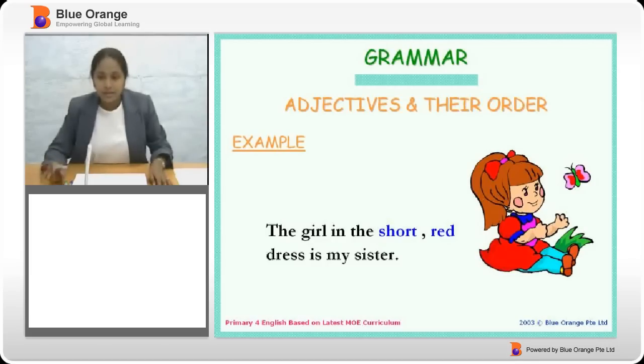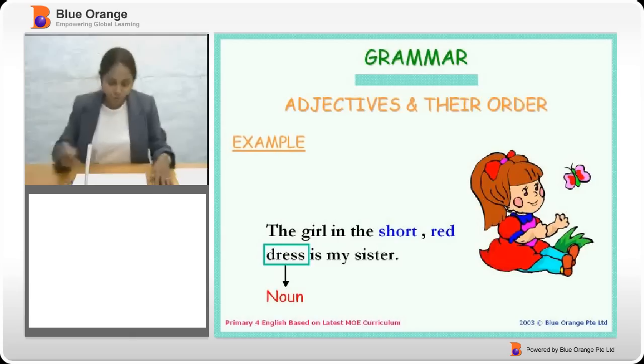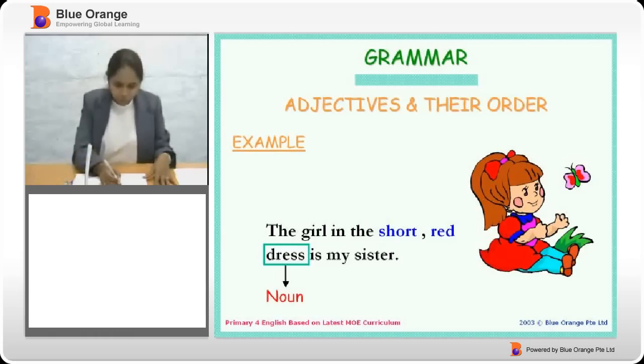Let's look at the same sentence again. The girl in the short red dress is my sister. Here we have the noun, which is dress again, and we have the adjectives short followed by red.